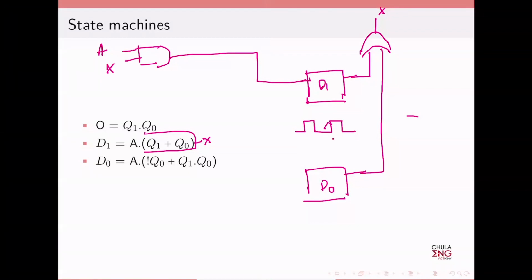And then the output is from Q1 and Q0. So the output is this one, Q1 and Q0, right?